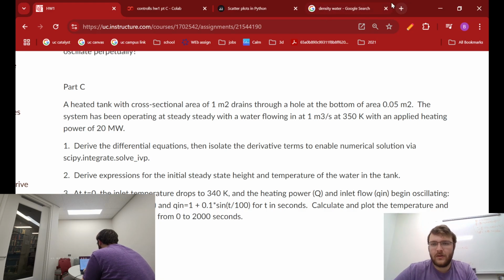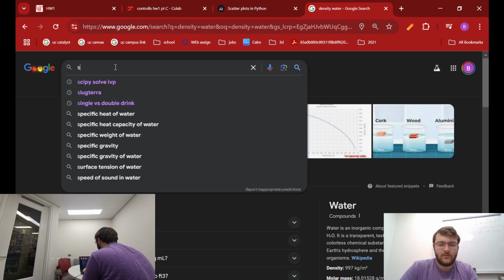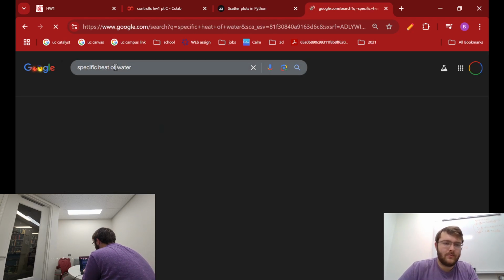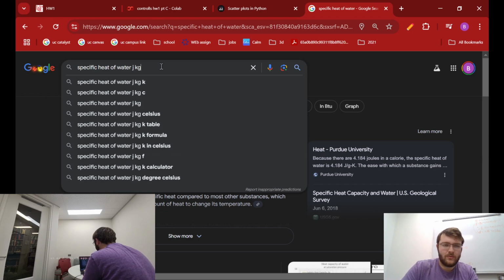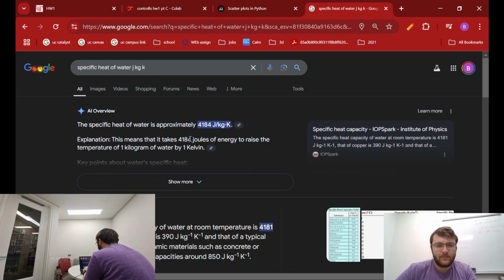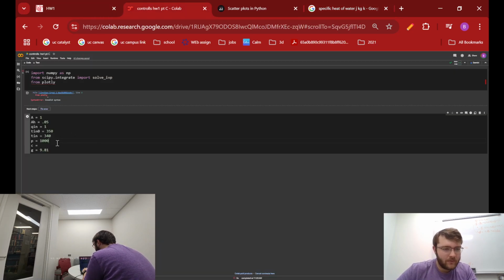The other one was specific heat, if I remember correctly. Joules per kilogram Kelvin, 4184.